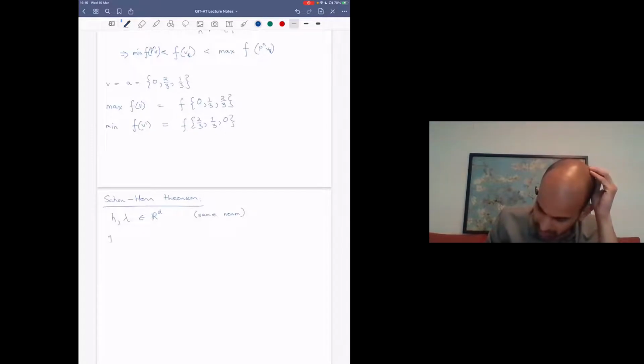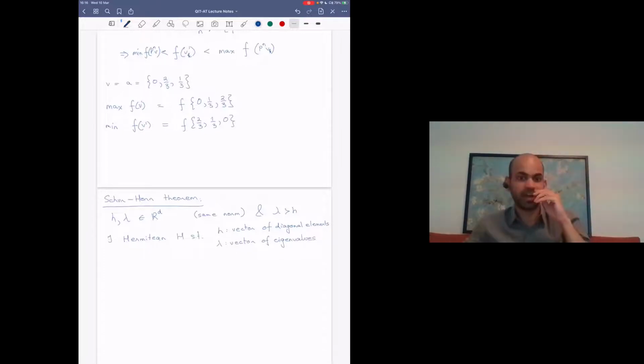If lambda majorizes h, then there will exist a Hermitian matrix such that h is the vector of diagonal elements and lambda is the vector of eigenvalues.